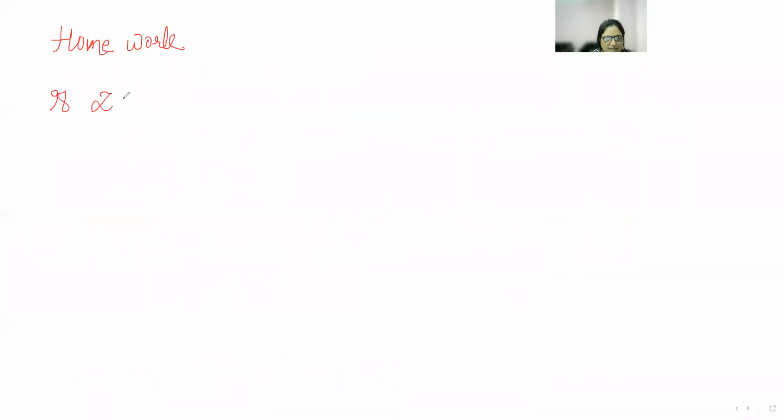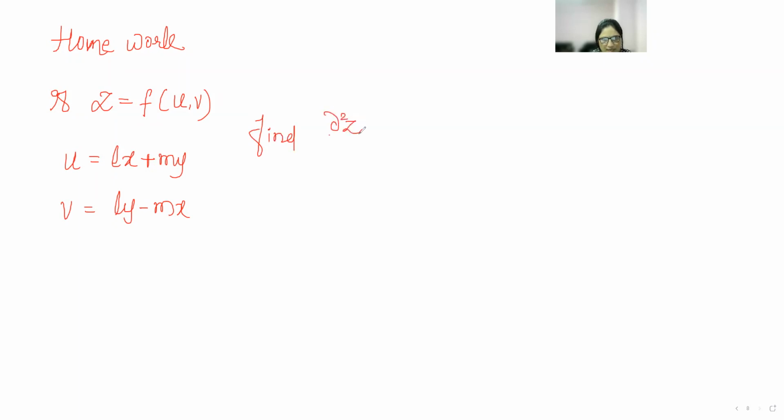If z is equal to f of u, v, where u is equal to lx plus my, v is equal to ly minus mx, then find dou 2z by dou x square.